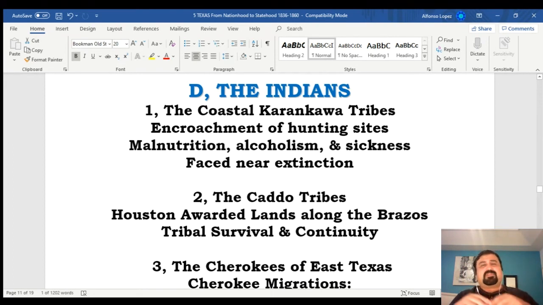So first and foremost, the coastal Indians, they're called the Karankawa tribes. They have been in the coastal region of Texas for thousands of years. They were nomadic. They would travel according to the seasons. During wintertime, they would go to the coast because it was warm.